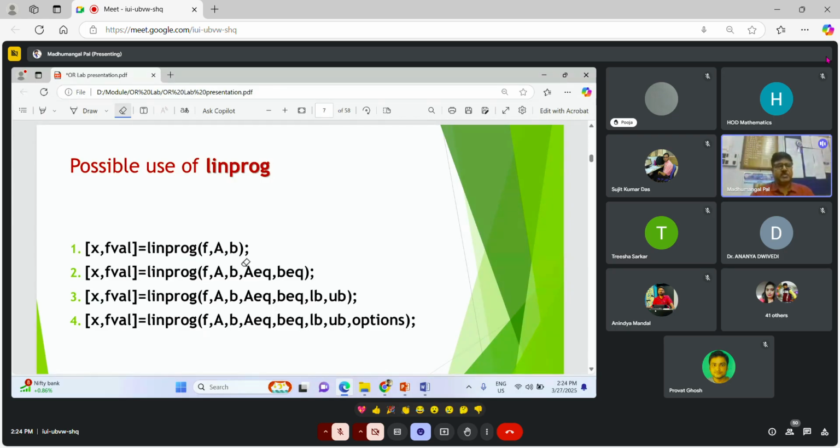This indicates that f is the objective function, A is the matrix for the less-than-or-equal-to type constraints, and b is the right-hand side vector for those constraints. These parameters are useful when the problem has no equality constraints, the lower bounds of all variables are zero, and the upper bounds of all variables are infinity. There is no upper limit basically. So for this kind of problem, we can just use these three arguments to solve the linear programming problem.